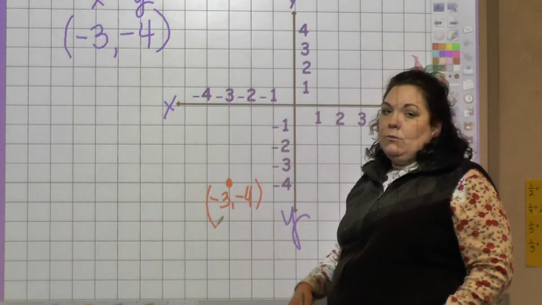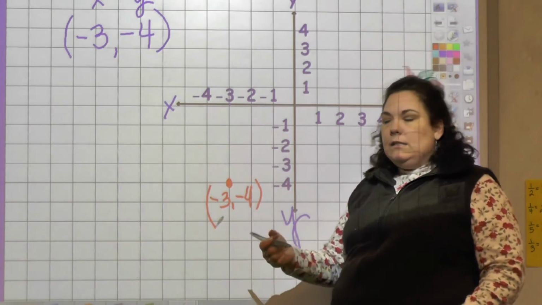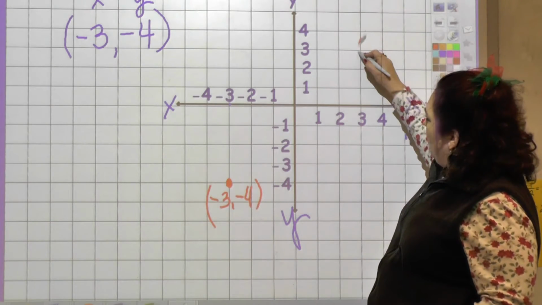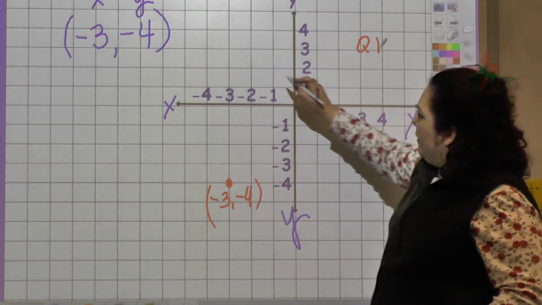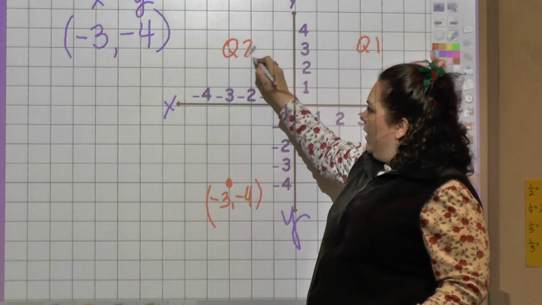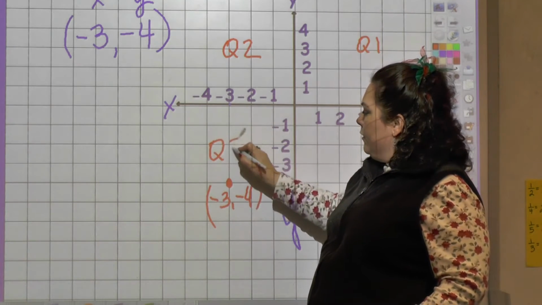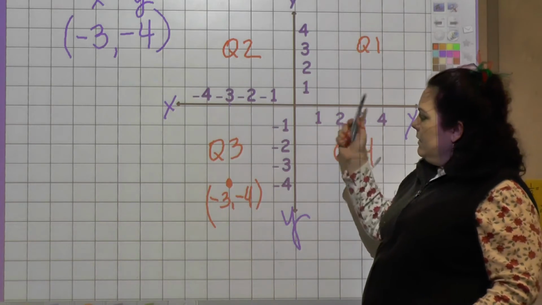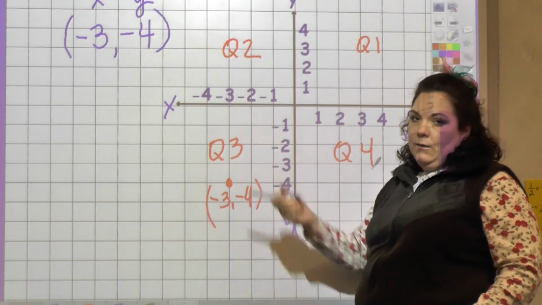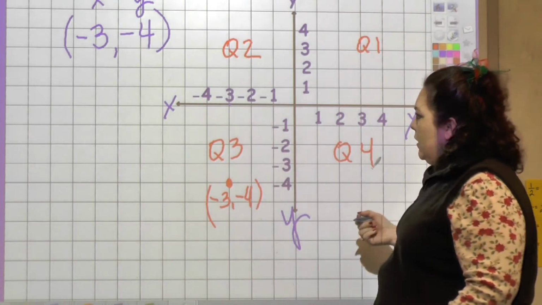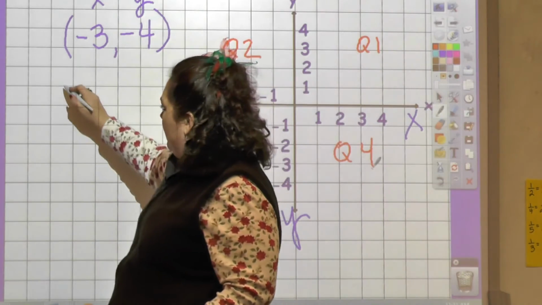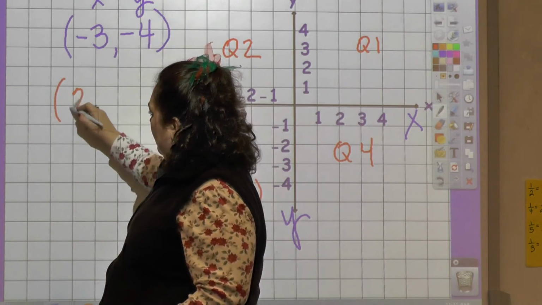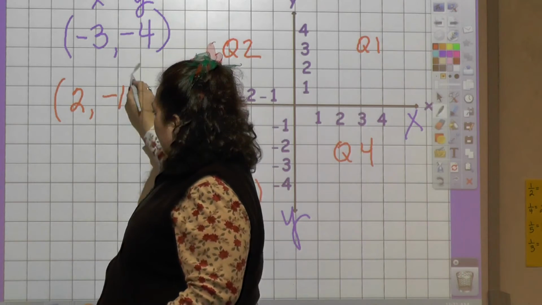Now, I don't always remember what quadrant that is, so I always label my quadrants: quadrant 1, counterclockwise, quadrant 2, quadrant 3, and quadrant 4. And as you can see, a negative, negative is going to be in quadrant 3. My next one is going to be a positive and a negative.